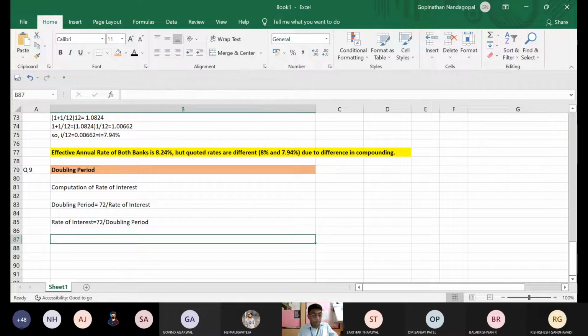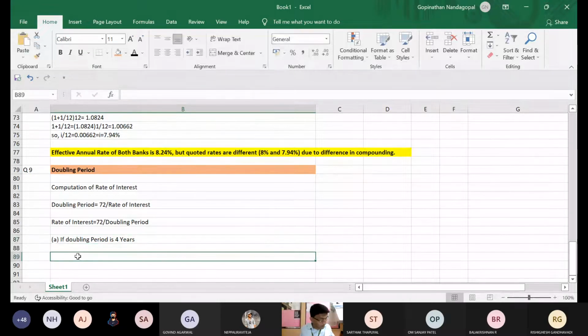If the doubling period is 4 years, then we'll apply the rate of interest formula, whichever you require according to the information.